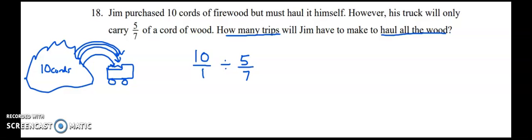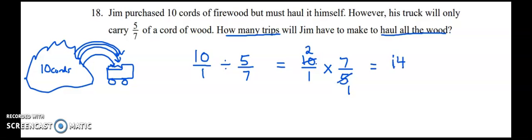And because we have division, we're going to keep, change, and flip to the reciprocal to make this easier for ourselves. And 10 and 5 are able to be cross-canceled. So we can reduce by dividing by 5, divide by 5, and we end up multiplying. 2 times 7 is 14, and 1 times 1 is 1. And we can just leave that denominator. So how many trips will he have to make? He will have to make 14 trips in order to carry all those 10 cords of wood.